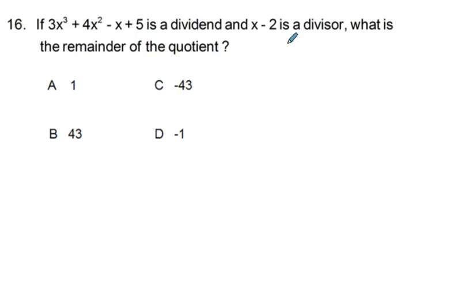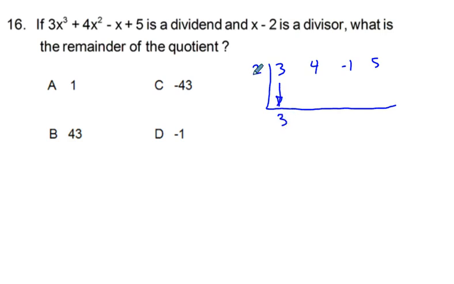For 16, if we have 3x cubed plus 4x squared minus 1x plus 5, and we have x minus 2 as the divisor, that means our zero value is going to be 2. We can just work it out this way.